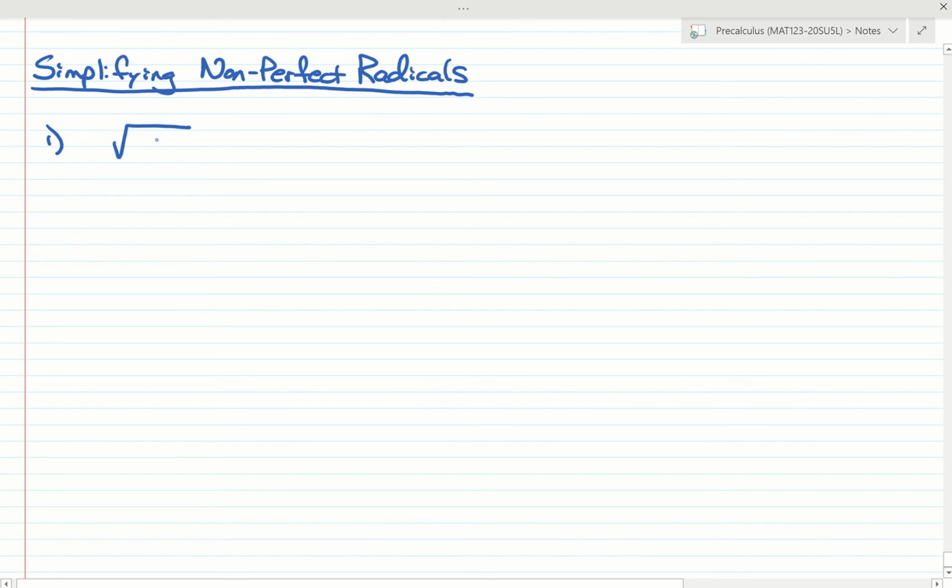So the square root of 8. There's really 2 techniques that teachers teach. One technique that they teach is what I showed you before, where we just keep breaking 8 down to prime numbers, and then our answer we would write, our groups go on the outside, and whatever's left over goes on the inside of our radical.